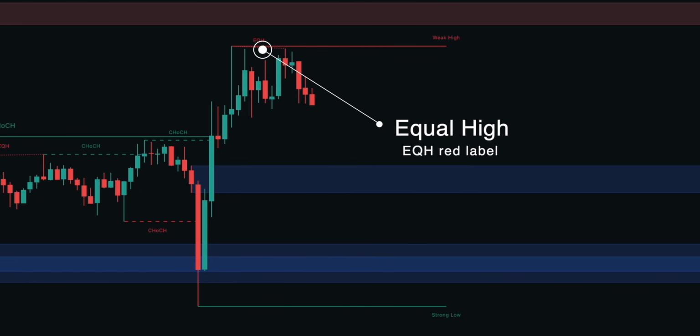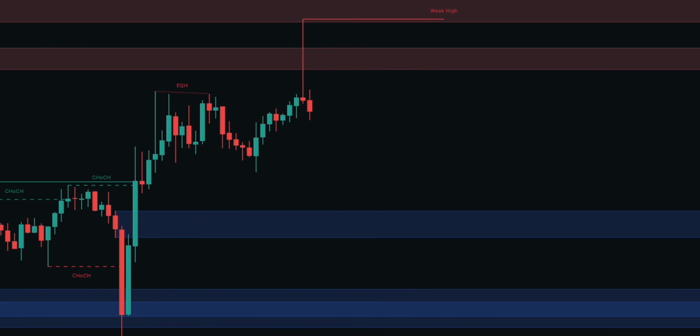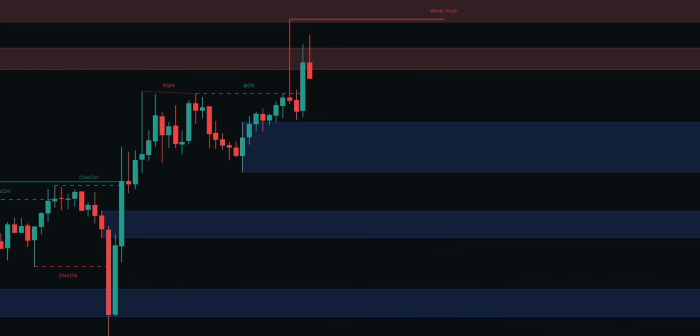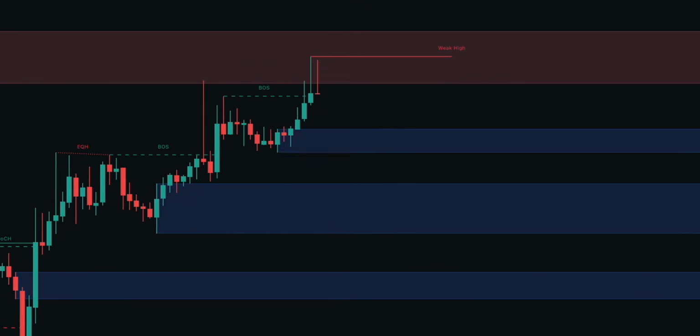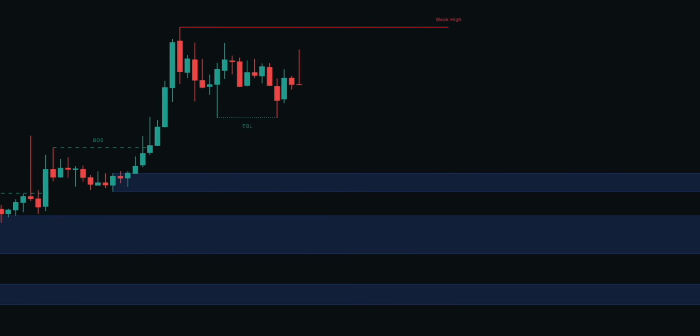Likewise, the indicator will also show when the market makes equal highs or lows. Once the market reaches a new high for a second time, a bullish break of structure label will be printed. This is the ultimate confirmation of a bullish trend. Every time the market makes a new high, a new bullish break of structure appears.